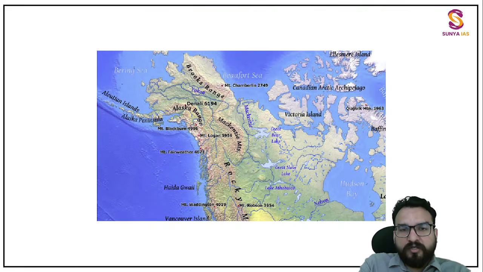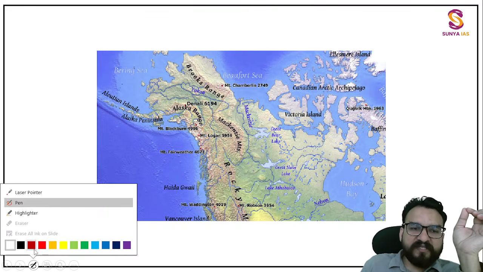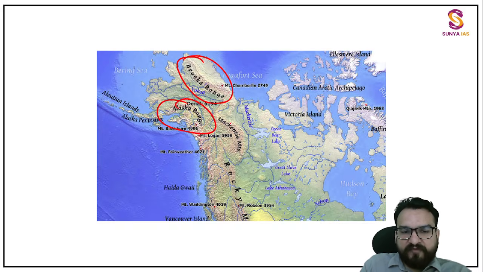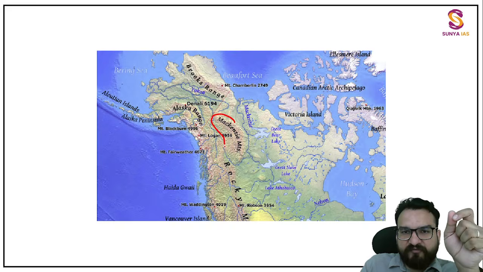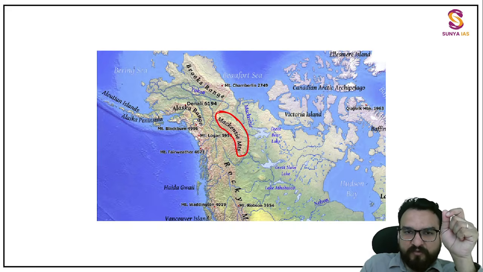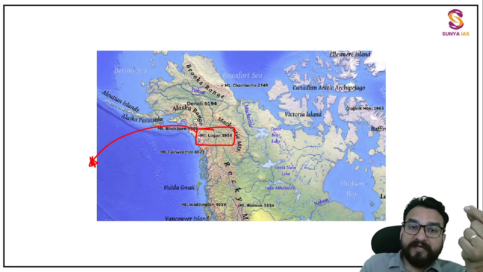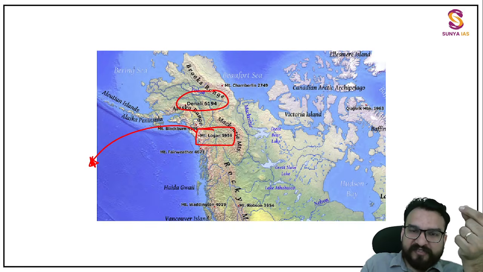Okay. So out of this, Brooks Range is a chain of mountains, and in the Alaskan Range, Denali. Then as you enter Canada, you will find the Mackenzie Mountains. Mackenzie Range you will also find over here. And then Mount Logan, which is the tallest peak of Canada only, not of the North American continent, because Denali is not present in Canada.